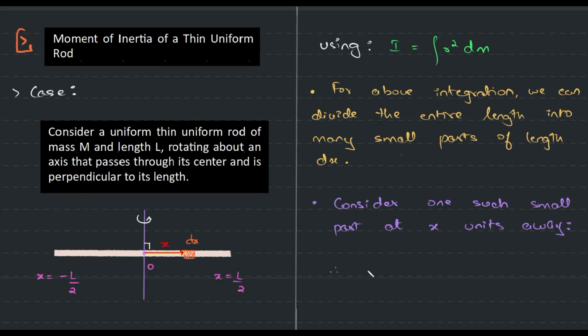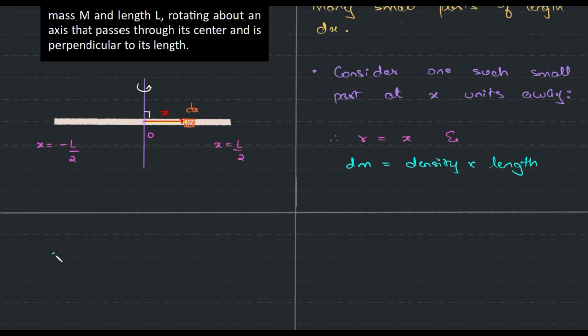So we have, therefore, our r will be x, and dm will be equal to density times length. Our density will be the mass by the length, in this case we have a rod of length L, so m by L, and the length over here is dx.